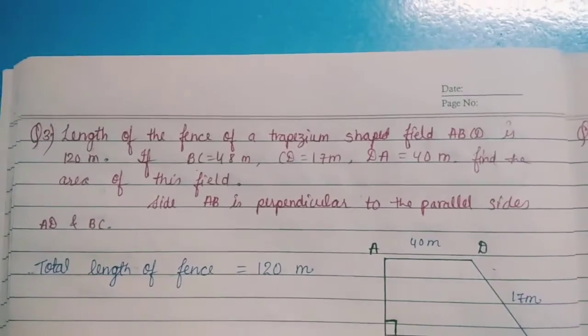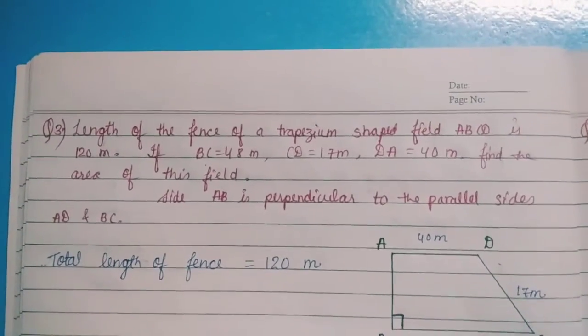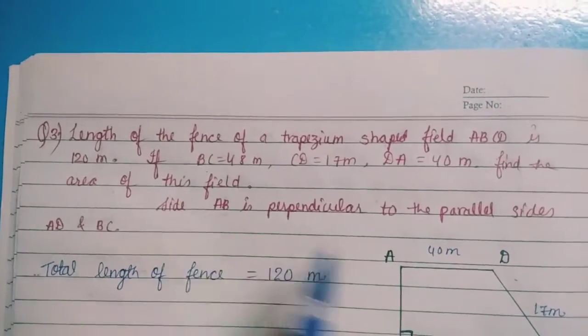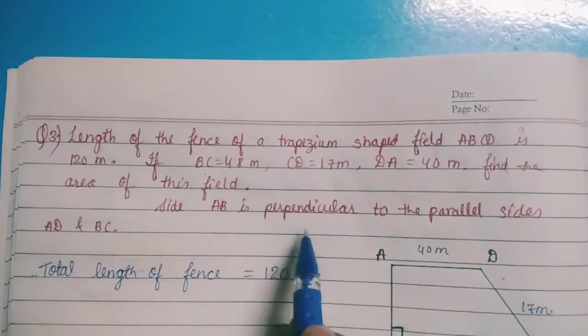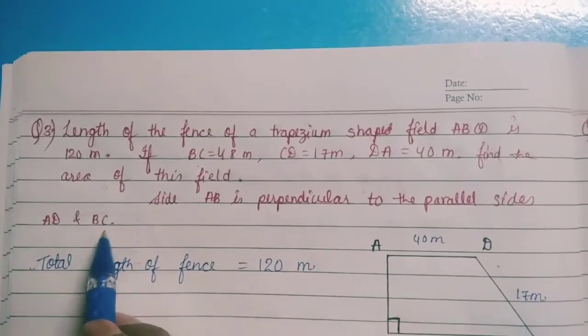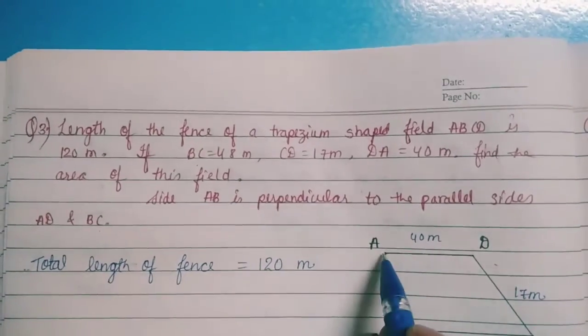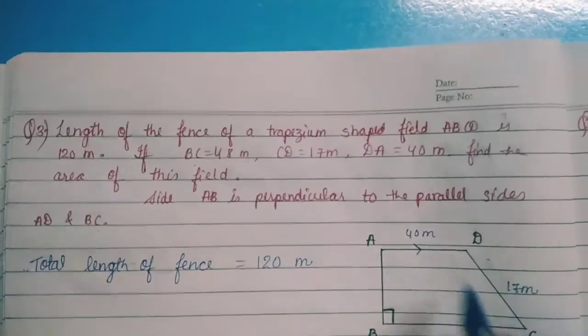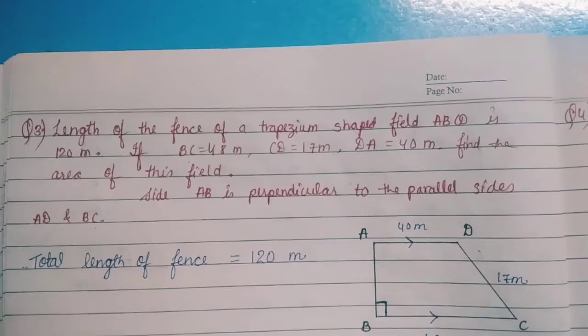We have to find the area of this field. One more thing is given in the question, that side AB is perpendicular to the parallel sides AD and BC.